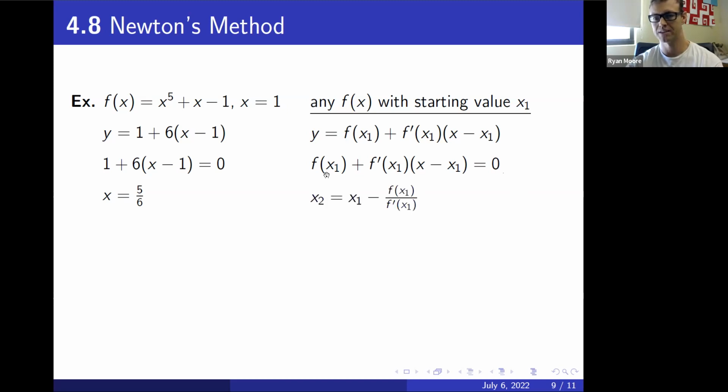Again, we would subtract the f of x1, we divide by f prime x1, and then we would add x1 to both sides, and we'd have this. Now notice I'm calling it x2 because that's our second approximation. So we have a starting value, like our first guess, and then we have our first approximation, then we have our second approximation based on that first approximation.